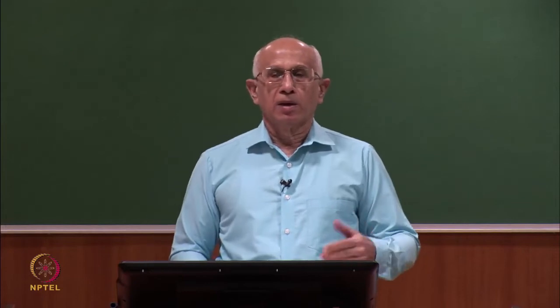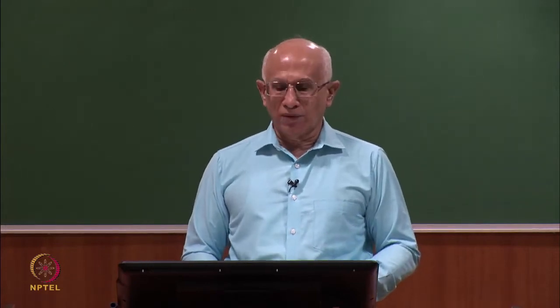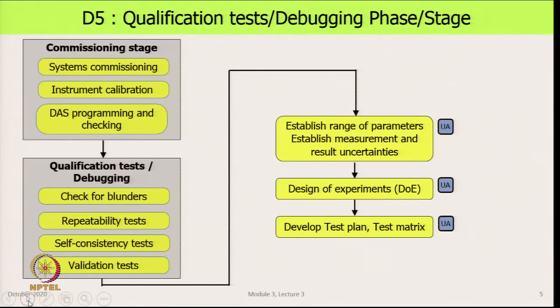So, here is the sequential listing of the qualification tests. First is the commissioning stage that we saw earlier, in which we have systems commissioning: the electrical system, the water system, the data acquisition system, power supply system, all of them are coming and we are checking and making sure everything is okay. Then we have the important task of instrument calibration.